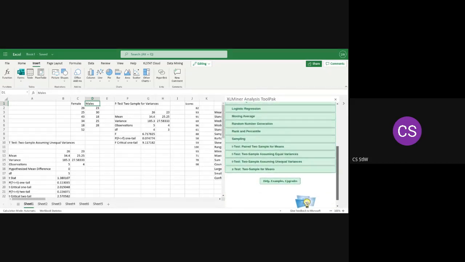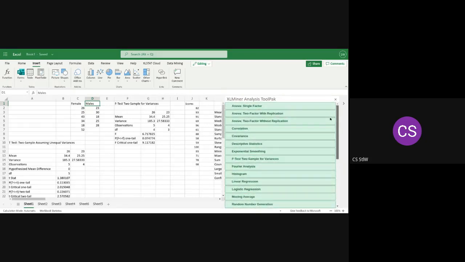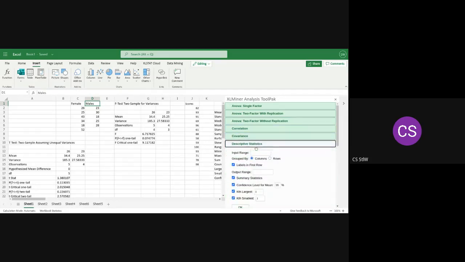If you upgrade to the paid version, it comes with more, or there are other add-ins which add more functionality depending on what you want. I want us first to start with the descriptive.